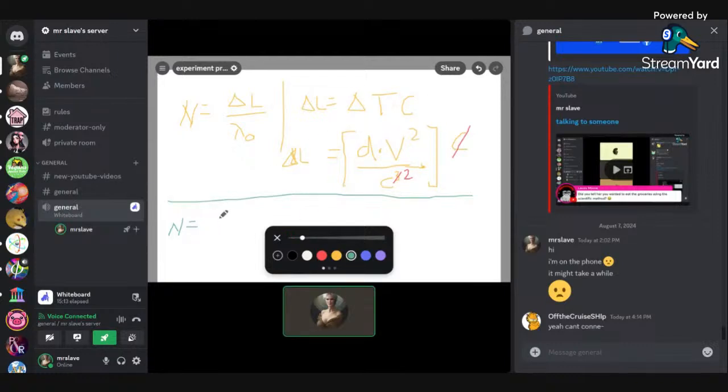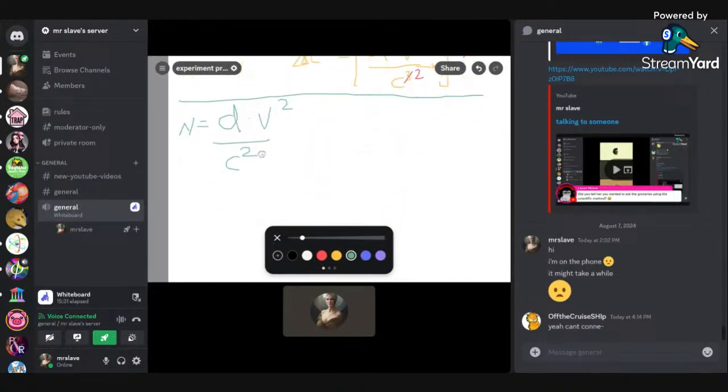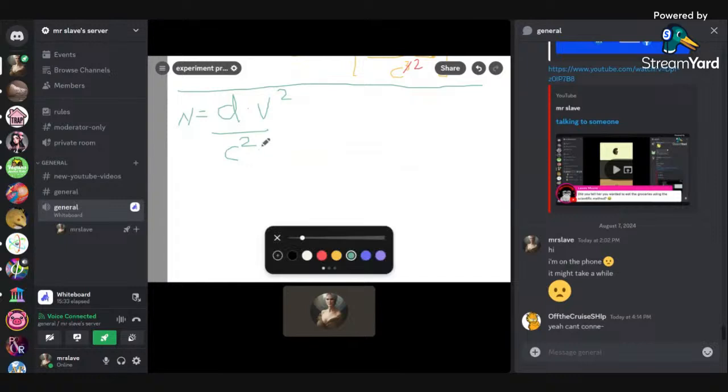So let's plug in. Delta L is D times V squared over C squared, and this is delta L over lambda. Over lambda just means we plug in lambda here.